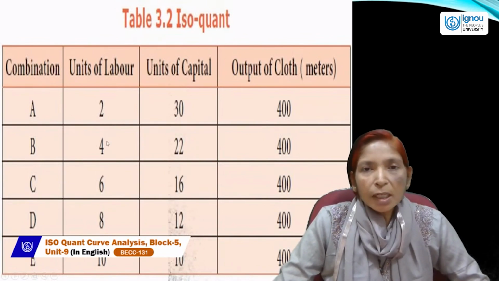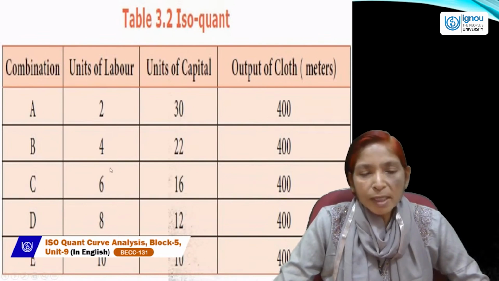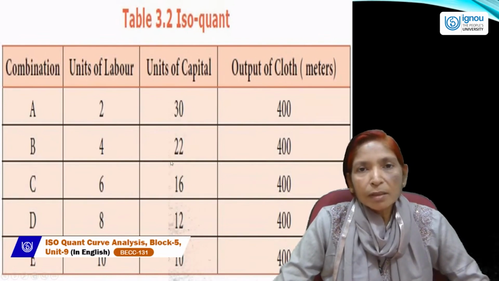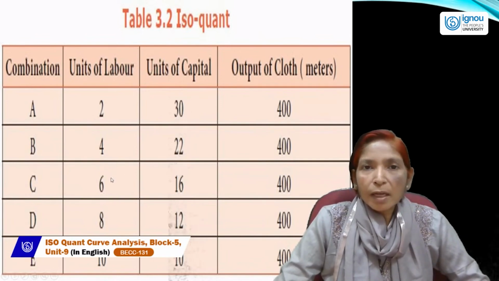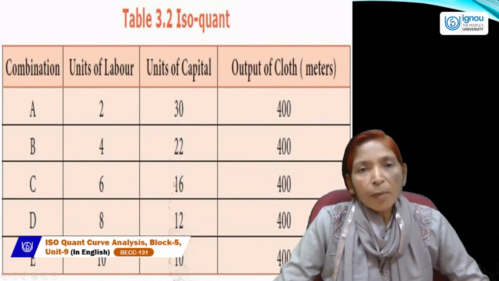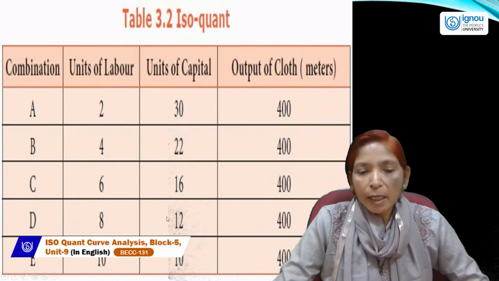Again, if we increase the units of labor from 4 to 6, then the units of capital will fall from 22 to 16. After that, if the units of labor increase from 6 to 8 and 8 to 10, then units of capital will fall from 16 to 12 and 12 to 10.